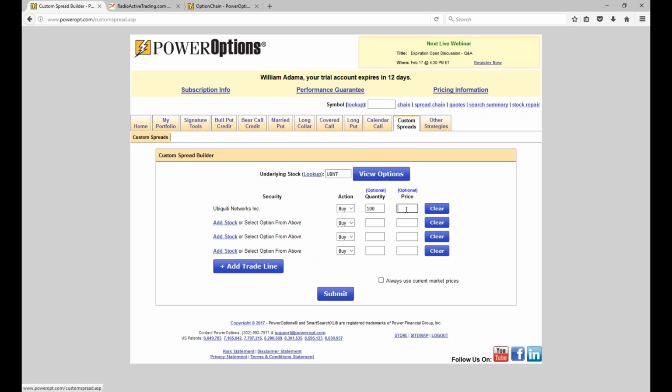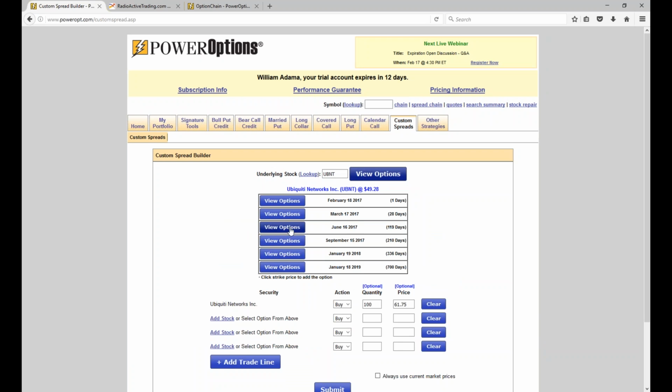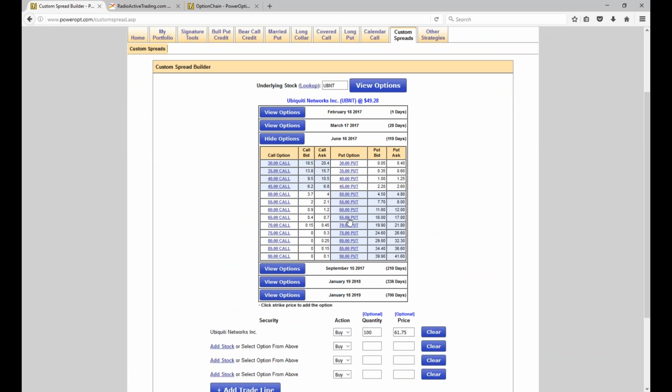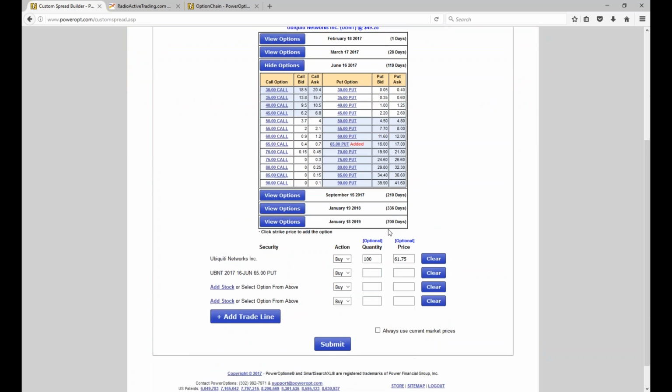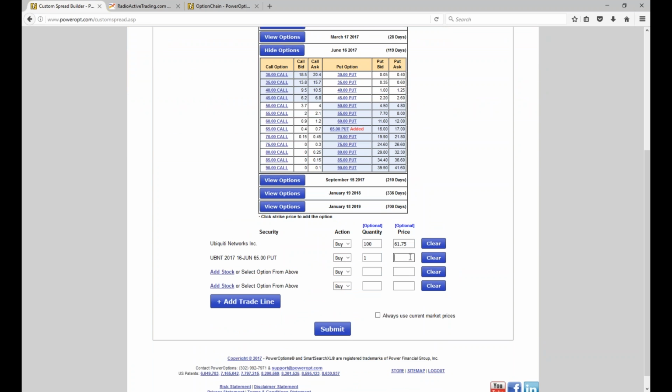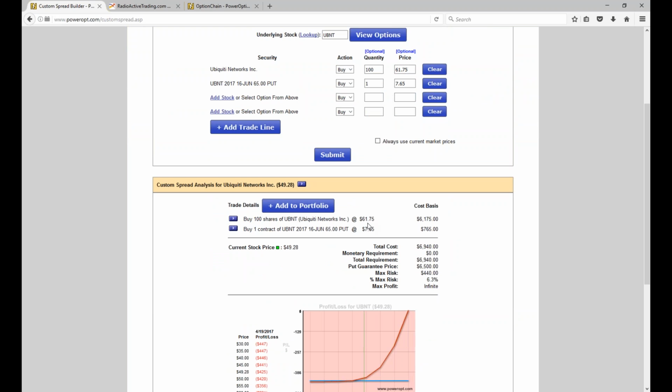We had 100 shares at $61.75. We had purchased the June 65 put option for $7.65. Risk of 6.3%. All right, here's our... it's a terrible view. Let me do something real quick here. I don't really need to see the profit and loss chart yet, but maybe. Okay. Now I'm going to change over very quickly.